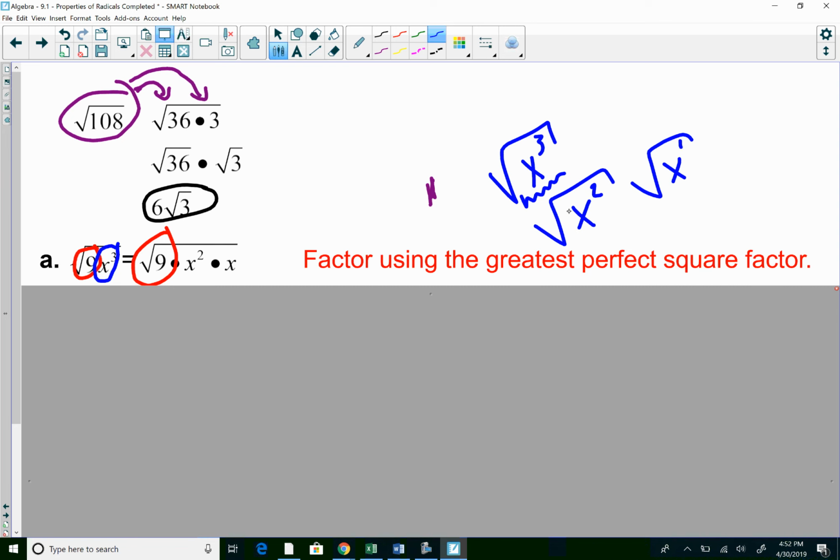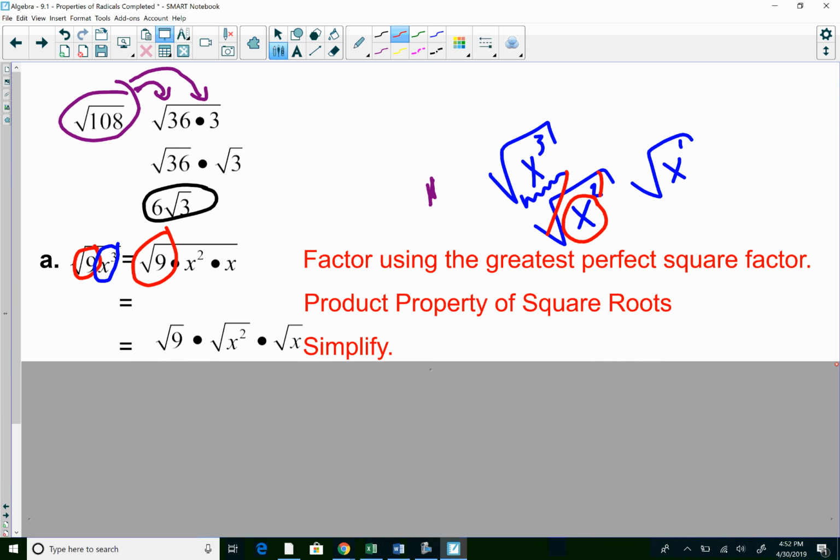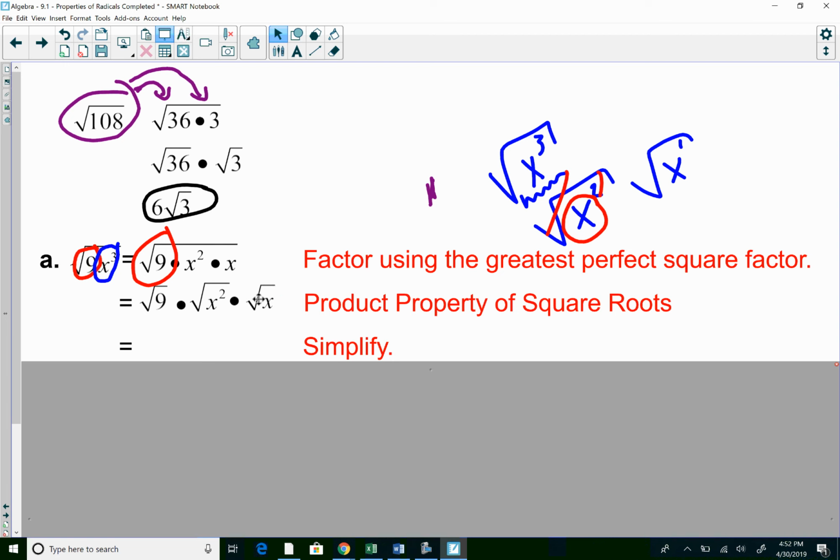So I'm going to break this down to the square root of x squared and the square root of x to the first. This square root of x squared, what ends up happening is this stuff just cancels each other out, so you're just left with x. Okay, so that's what this step right here is talking about. We're going to break this up into the square root of 9, as it shows you, and then the square root of x squared, and then the square root of x.